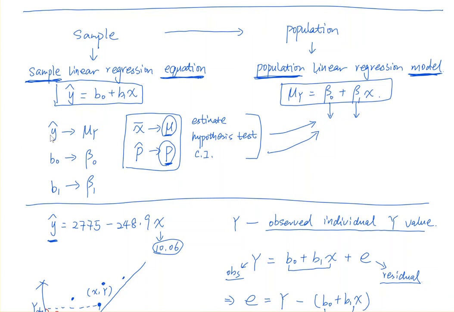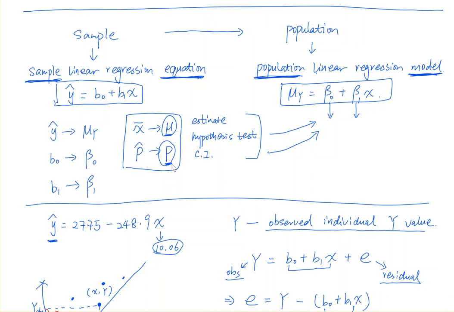Similarly, we use y hat to estimate the population mean of y, mu y. Right? We use the sample intercept to estimate the population intercept. We use the sample slope to estimate the population slope, just like we use the sample mean to estimate the population mean. We use the sample proportion to estimate the population proportion.